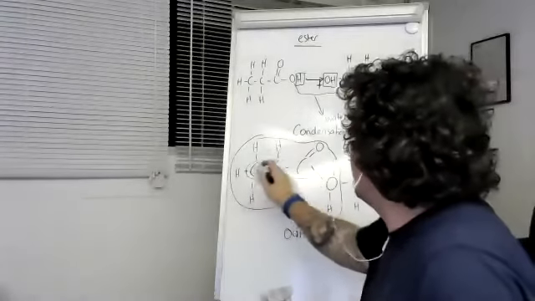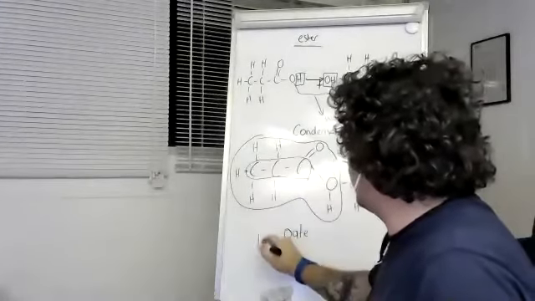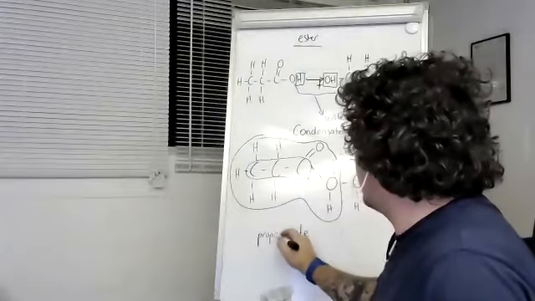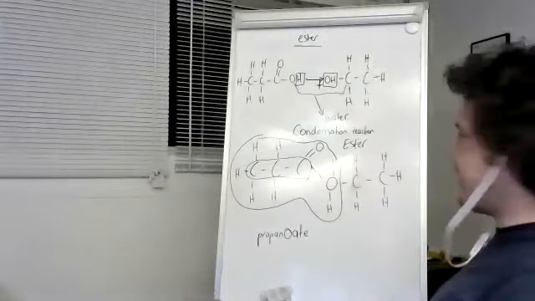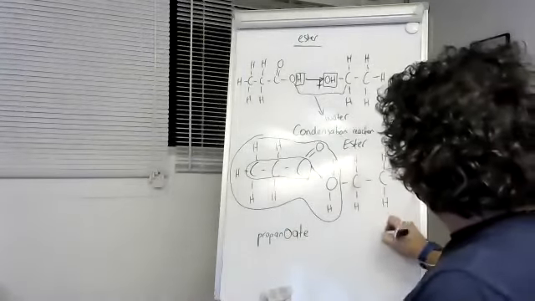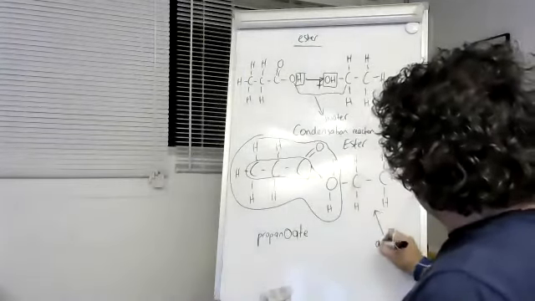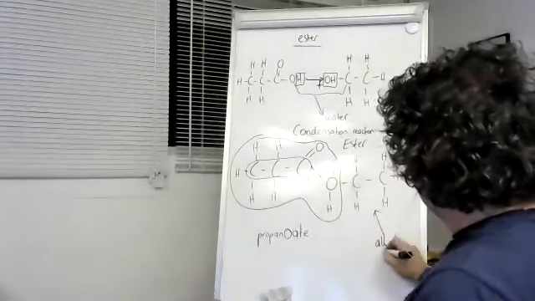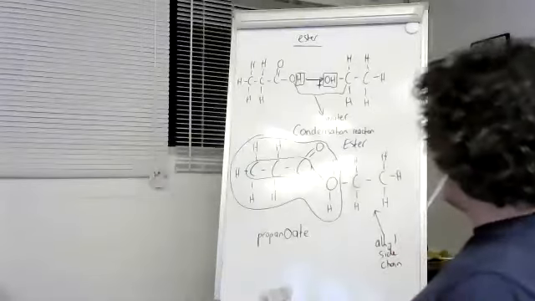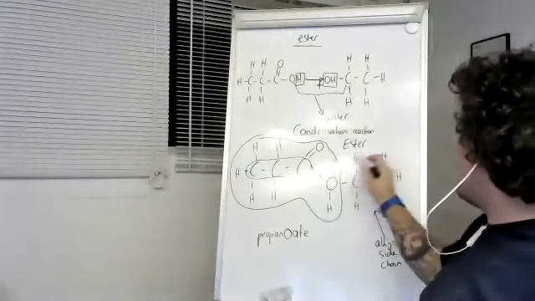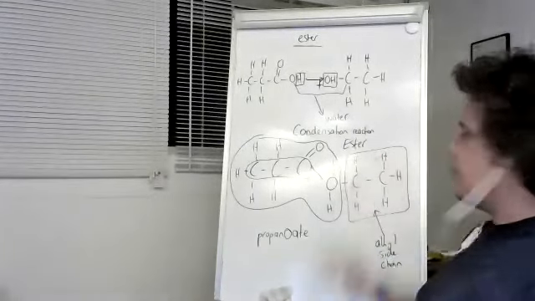Got 3 carbons, so we call it propanoate. And this is just an alkyl side chain. So what if this is an alkyl side chain here? What do we call it?